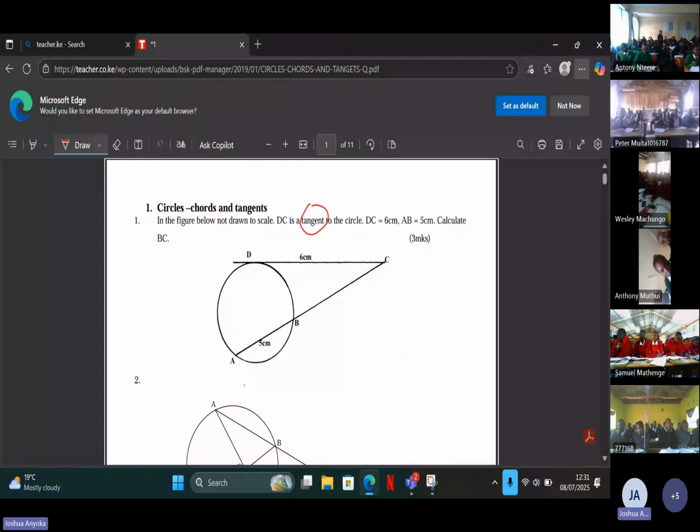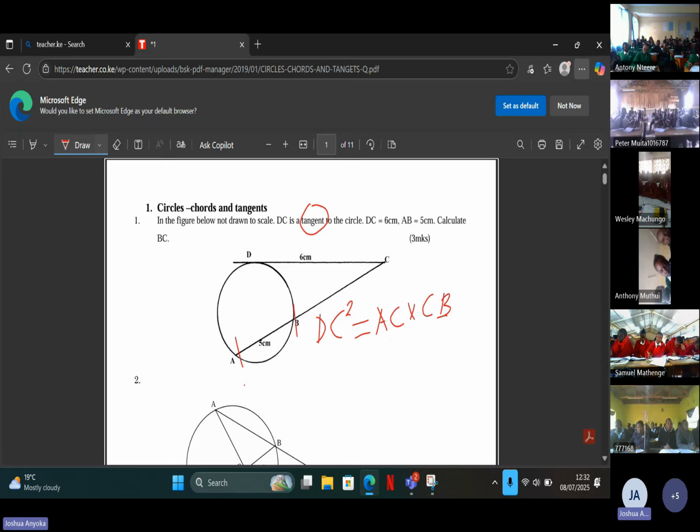Our chord is AB, which is produced to meet tangent DC at C. So what will be the connection? This was our third connection, saying that from D to the point of intersection squared is equal to A to the point of intersection times C to the other point on the circumference of the circle, CB.